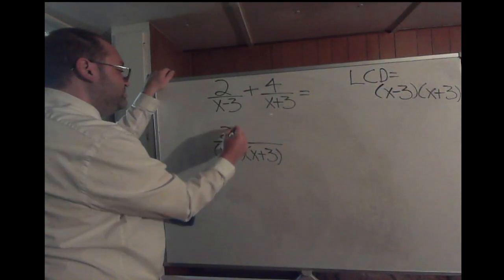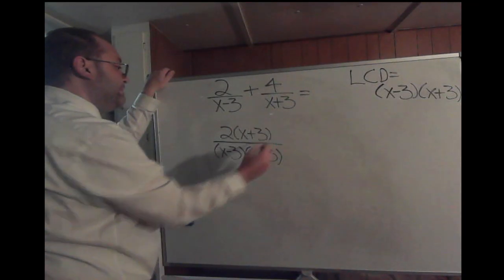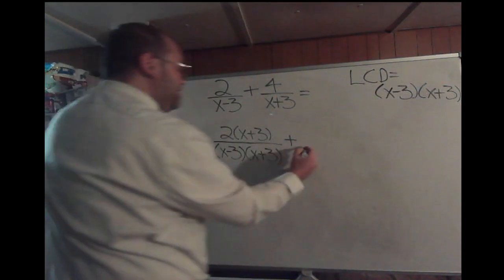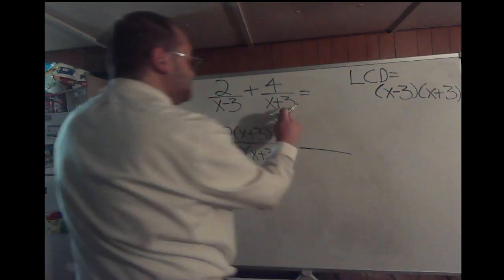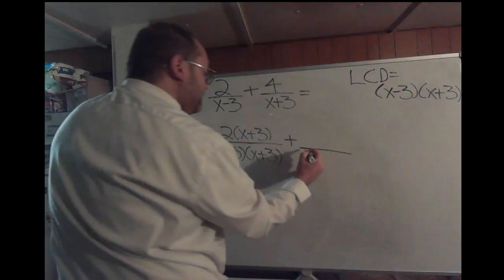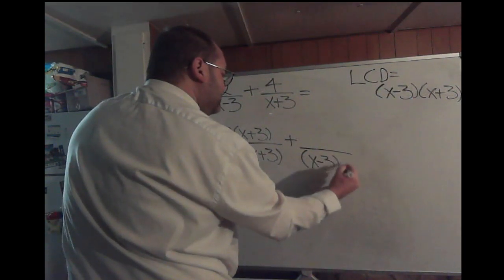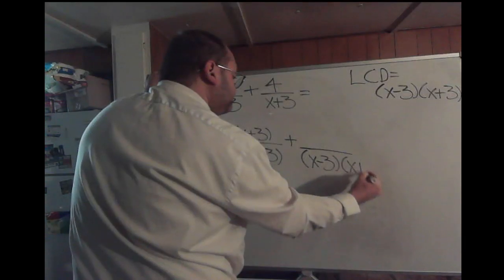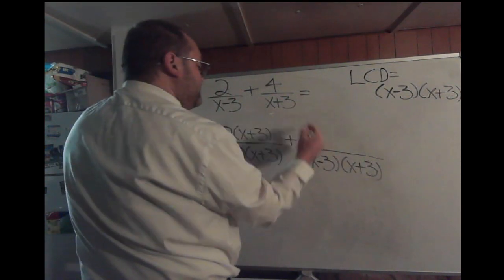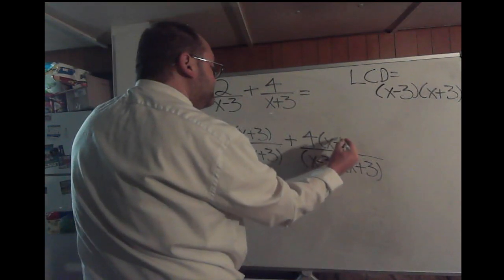You would take that 2, multiply it times x plus 3, plus, now we need to take that denominator of x plus 3 and turn it into x minus 3 times x plus 3. Well, just multiply it by x minus 3 and you'll get that. So now you're just going to take your numerator 4 and multiply it times x minus 3.